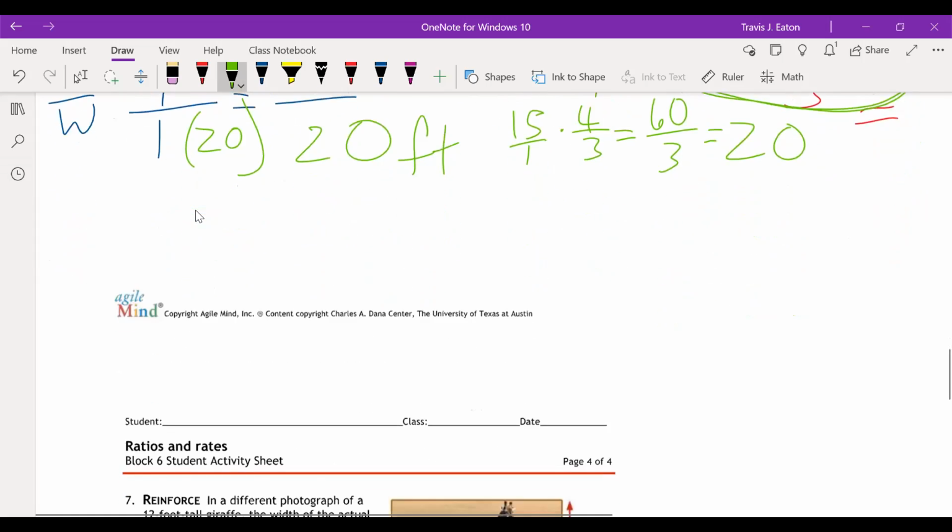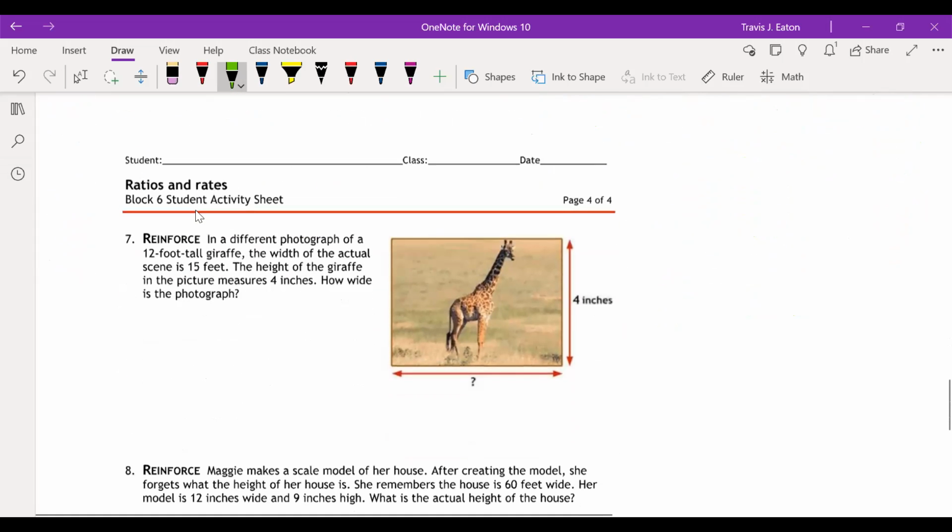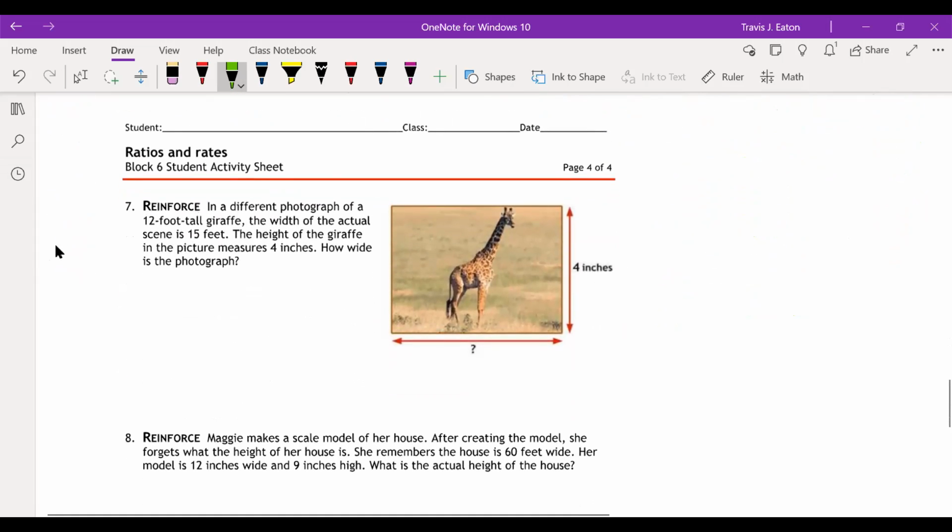All right, so question number 7. In a different photograph of a 20-foot tall giraffe, the width of the actual scene is 15 feet. So the width is 15 feet. The height of the giraffe in the picture is 4 inches. So how wide is the photograph?